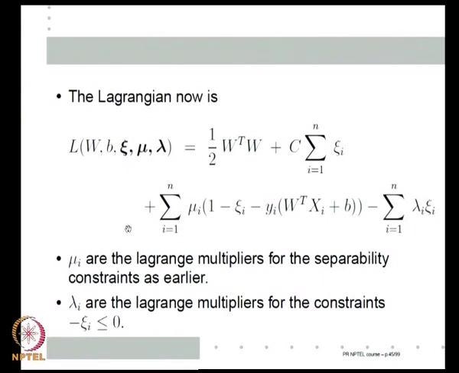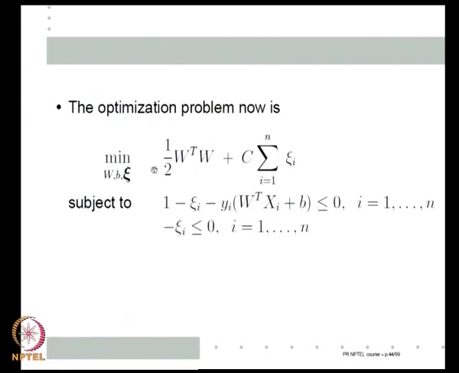Now, what is my Lagrangian? Once again, my Lagrangian will be a function of the optimization variables W, B, Ji, and there will be one Lagrange multiplier per constraint. So there will be n Lagrange multipliers for these n constraints, call them mu 1 to mu n, and another n Lagrange multipliers for these n constraints, call them lambda 1 to lambda n. Then my Lagrangian will be a function of W, B, all the Ji's, and then the mu i's and lambda i's.